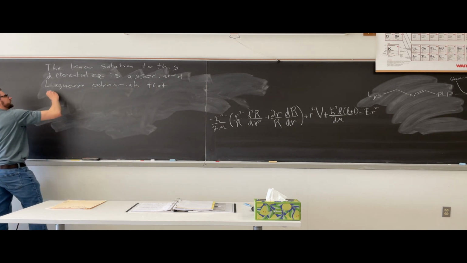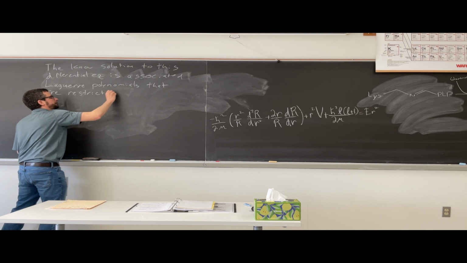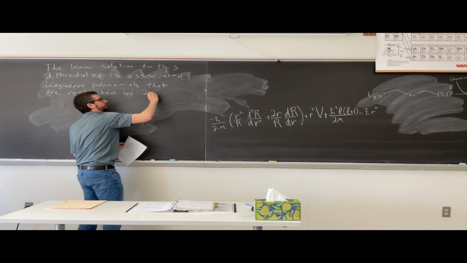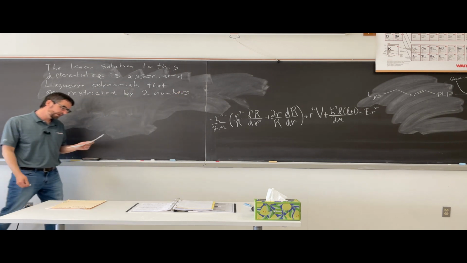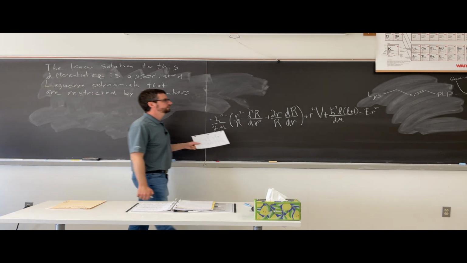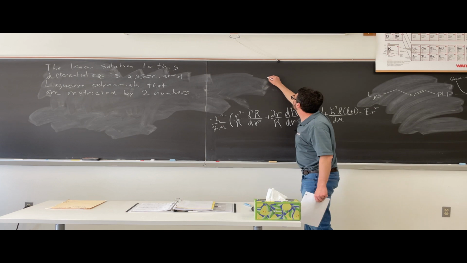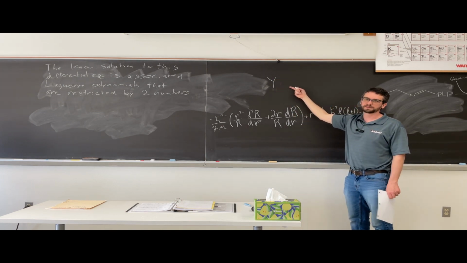That are restricted by two numbers. And these two numbers must be whole numbers. How would I be more formal in writing this guy out?